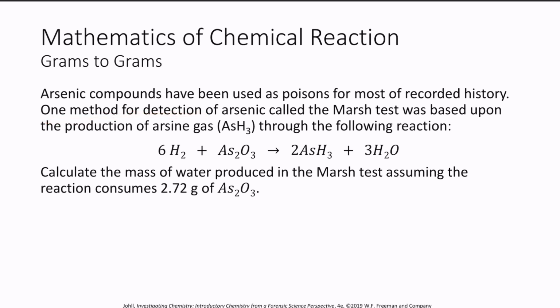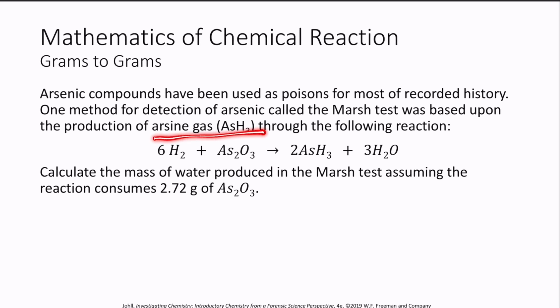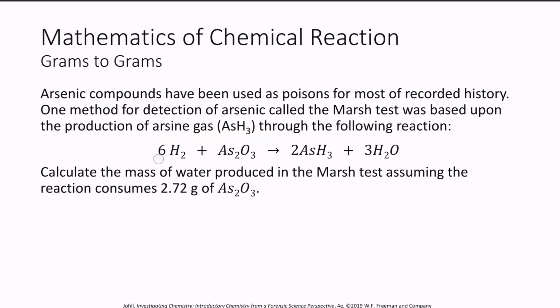One method for detection of arsenic is called the Marsh test. It was based upon the production of arsine gas through the following reaction. So here is our balanced chemical reaction. Calculate the mass of water produced in the Marsh test, assuming the reaction consumes 2.72 grams of As2O3.